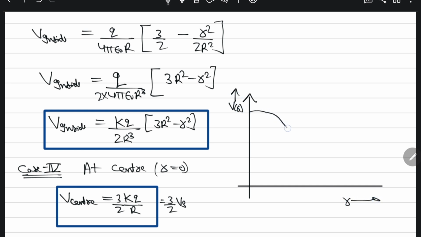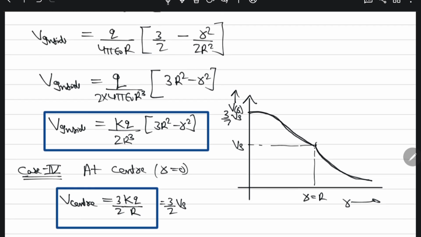So it is 3 by 2 of the potential at the surface, and then this is the potential at the surface, and after that it is going to be decreasing at small r equal to capital R. Right, so this is our graph.